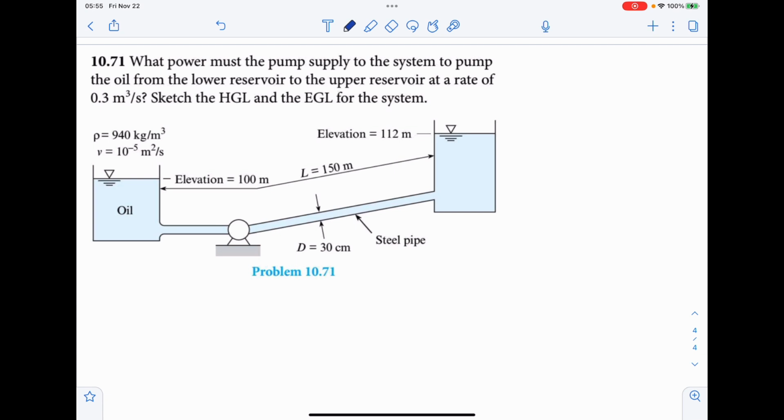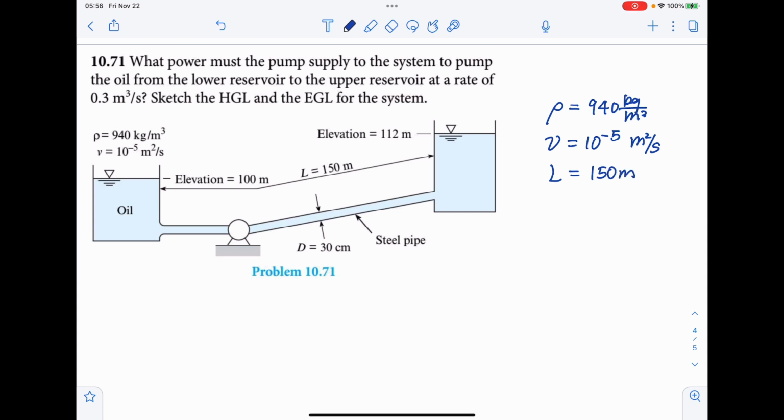The information given is rho equals 940 kilogram per cubic meter, and the viscosity is 10 times 10 to the power of -5 square meter per second. The length of the pipe is 150 meters.